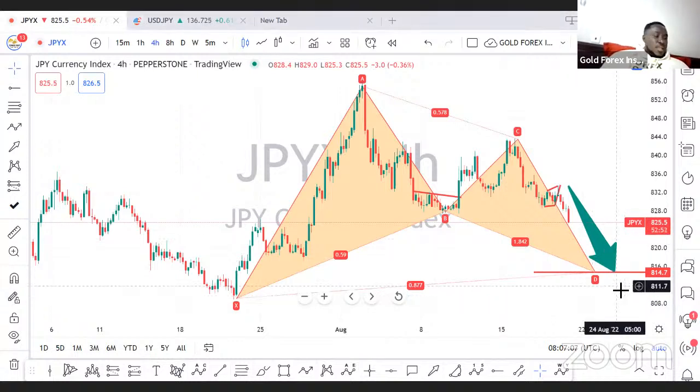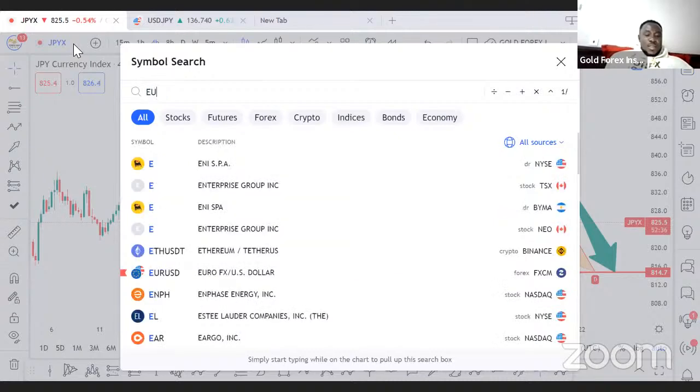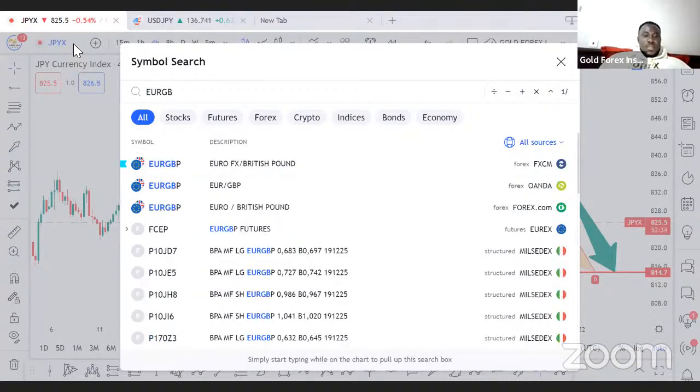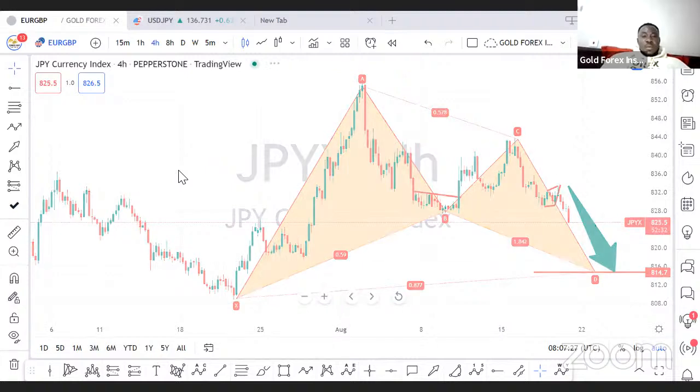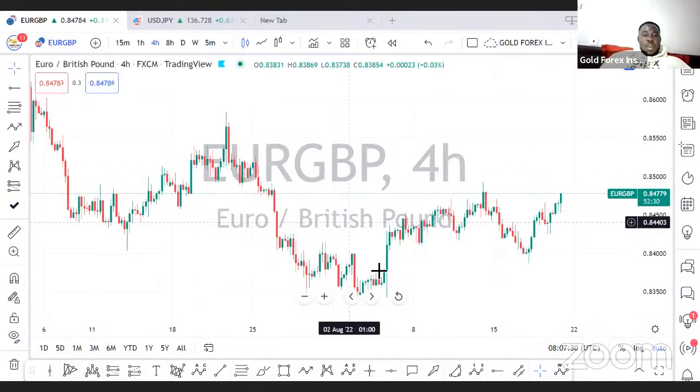Let's look at euro pound. Someone requested for euro pound. Let me see whether I'll get any analysis on it.